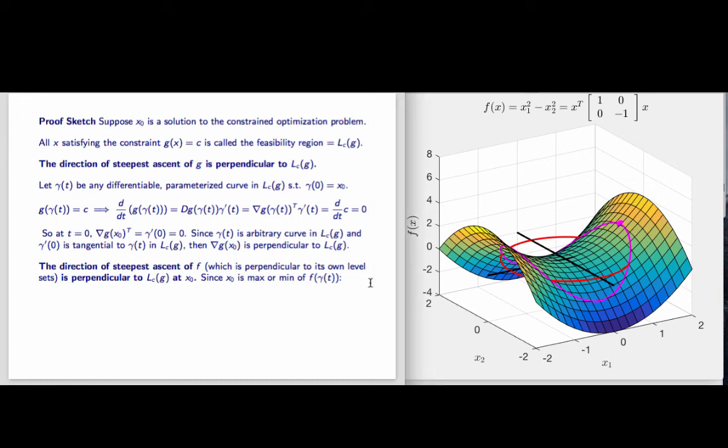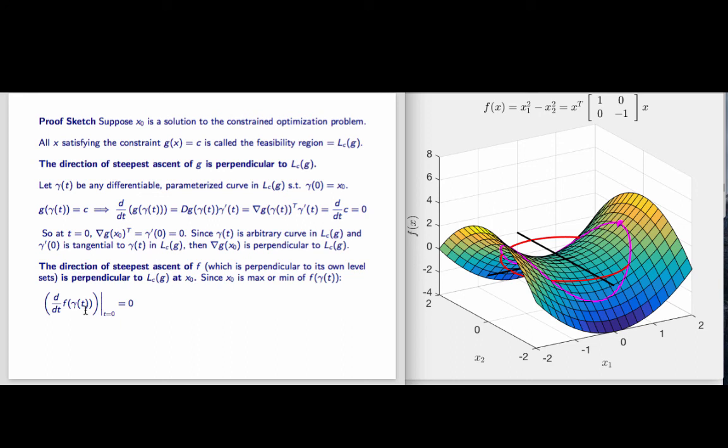So let's see that worked out. The derivative of f of gamma of t has got to be 0 when I evaluate at t equals 0, because f of gamma of t is a local maximum, or in generality a local minimum.